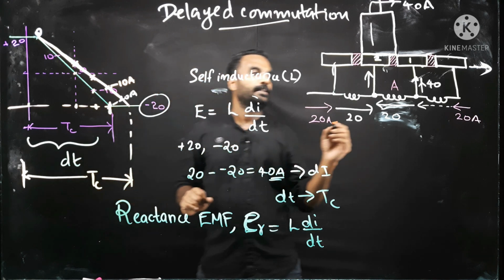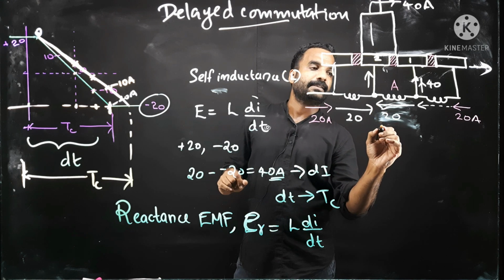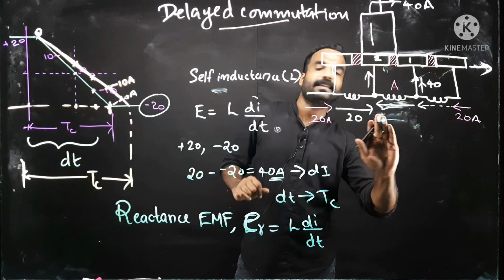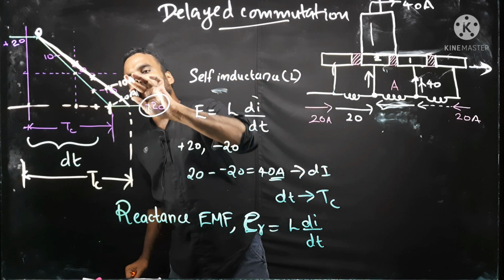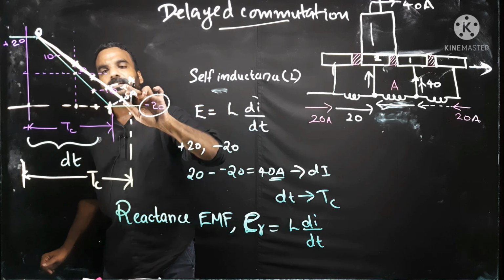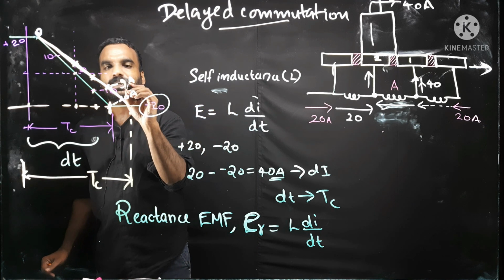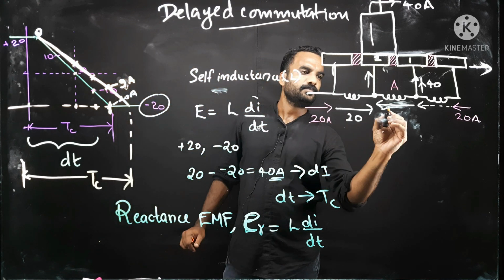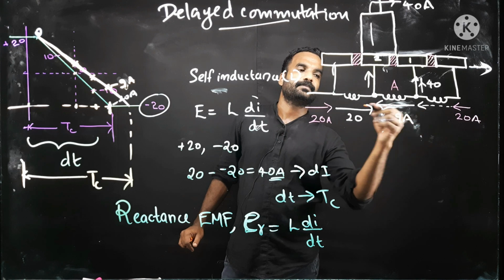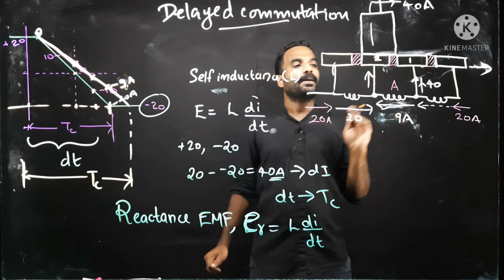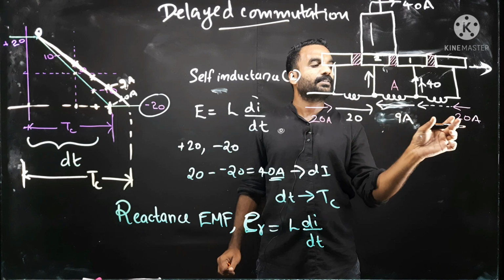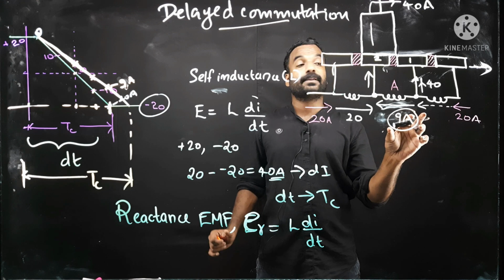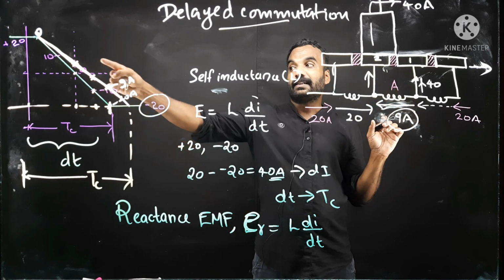So now practically this coil is no more carrying 20 ampere. It is just carrying a current of, suppose, 9 ampere, minus 9 ampere at this point. Only 9 ampere is in this coil A. But is there any other way for the remaining? Actually 20 ampere was coming, but only 9 ampere is permitted to pass through coil A due to the delayed commutation.